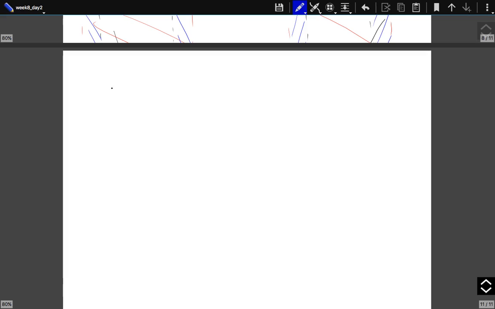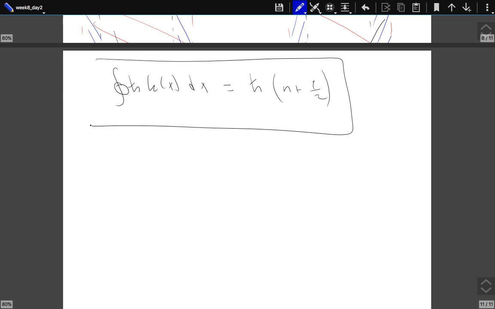So then we get this condition that the integral of h bar k of x dx around the closed loop should be equal to h bar times n plus 1/2. This is our quantization condition now. Now let me check the coefficients.